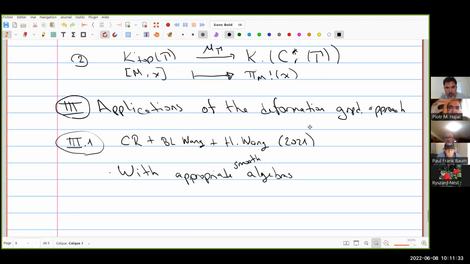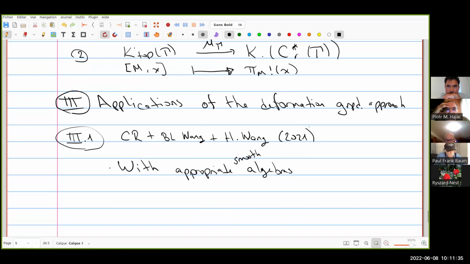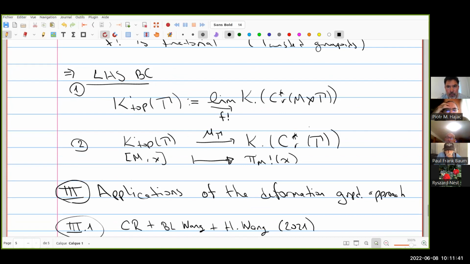Okay, since we are at it, Paolo, could you please explain a little bit more how you get this limit? What is your variable? You have an action of gamma on M, and F goes from where to where? I'm a bit confused about the very construction of the limit. The limit is, in fact, the abelian group generated by the following relation. A cycle here is a manifold M with these properties, and X in the K theory of this group.